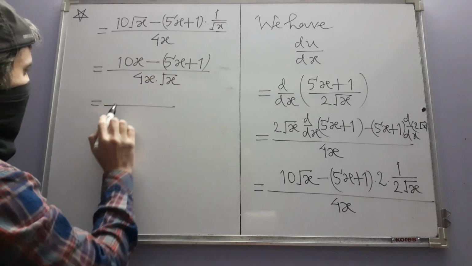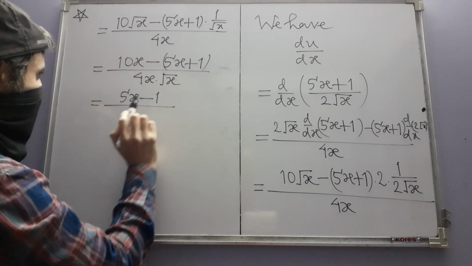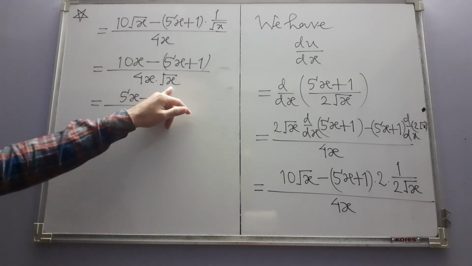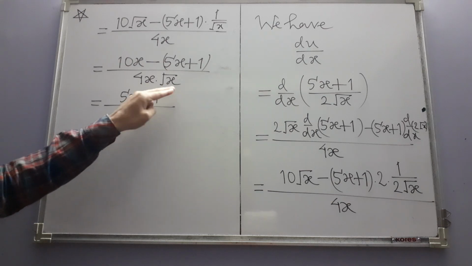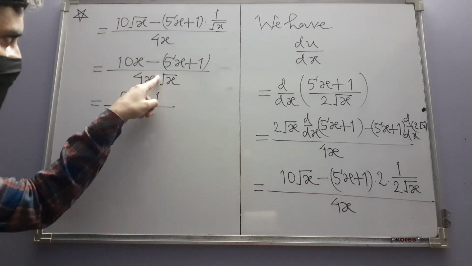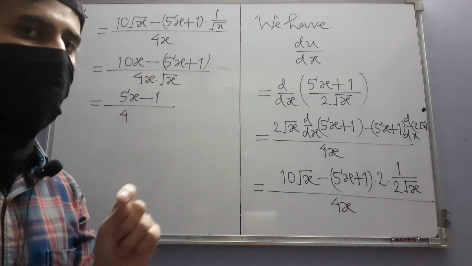So 10x minus 5x is 5x minus 1 divided by, okay, now if you use one of the two rules of exponents, you have x and root x. Root x means x to the power 1 over 2. So you add the exponents 1 and 1 over 2 and get 3 divided by 2.